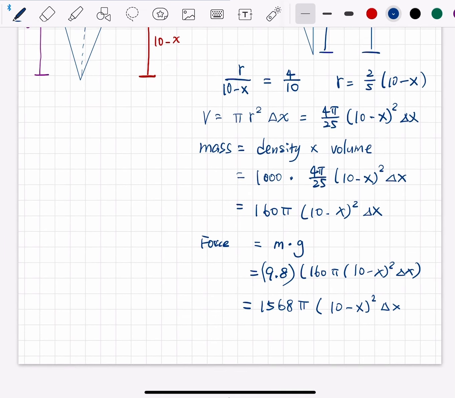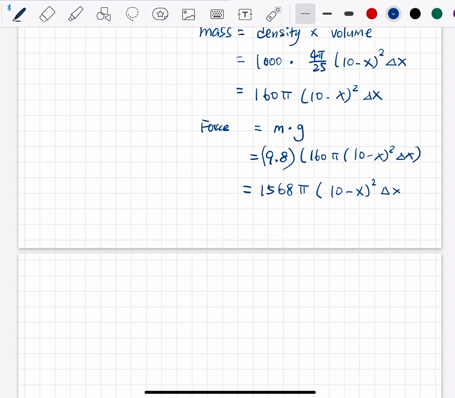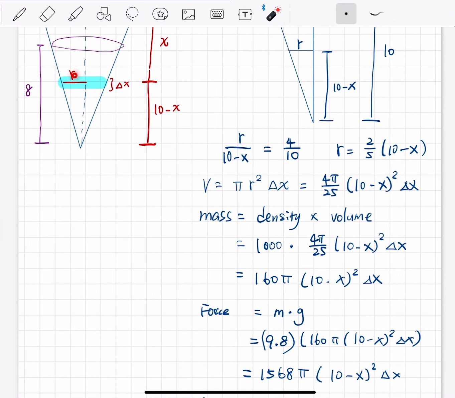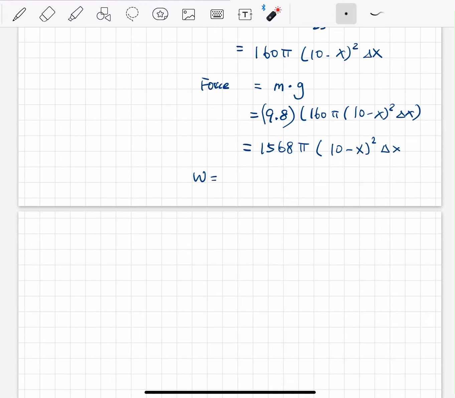And finally, the work for us to lift this slice up is going to be the full force multiplied by the height.